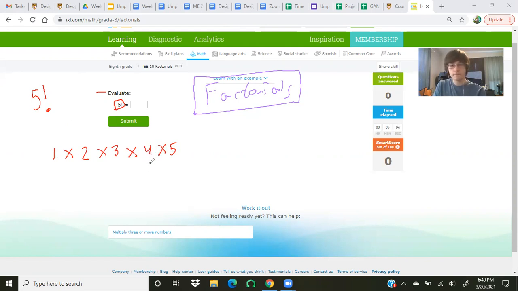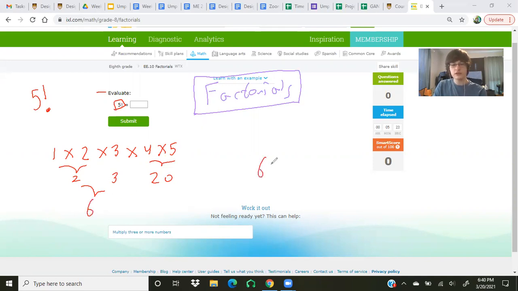Right? So what is 4 times 5? Well, hopefully you know that that's 20. What is 1 times 2? Well, that's just 2. And we'll move the 3 down here. So what's 2 times 3? Well, that's 6.